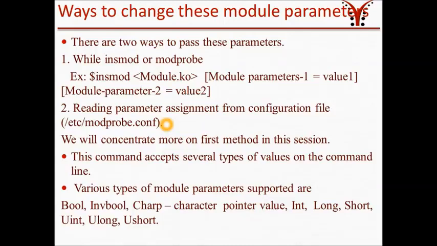This command accepts several types of values on the command line. As you can see here, there are various types of module parameters supported: bool, inverted bool, character pointer, integer, long, short, unsigned int, unsigned long, and unsigned short. At the end of this session, I'll give you a demo on module parameters by taking the Hello World kernel module as an example. Then you will clearly come to know what exactly I am talking about here.